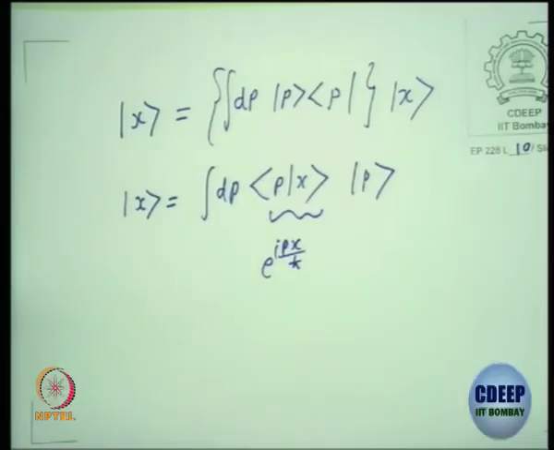So it's in some sense going from one basis to another, between the momentum basis and the position basis, where the Fourier transform shows up.